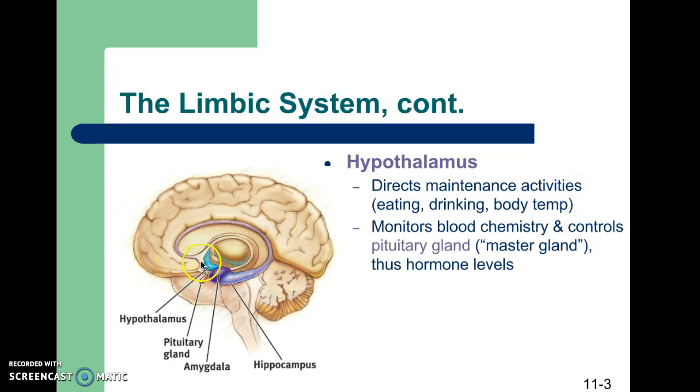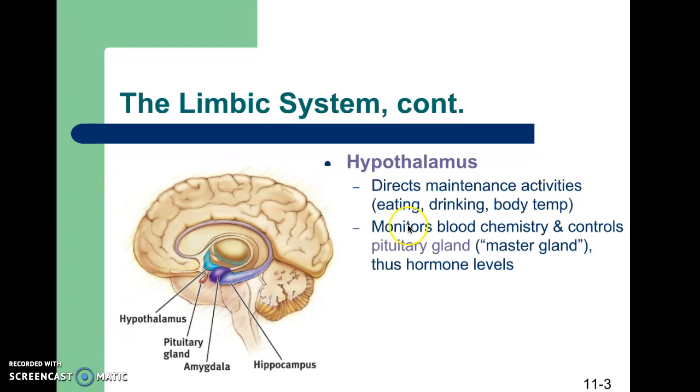The hypothalamus also has a role in directing the activity of the pituitary gland. It's not by accident, perhaps, that these things are placed directly next to each other in the brain, because the hypothalamus seems to have a role in monitoring our blood chemistry, so knowing the levels of hormones and other substances in the blood, and it then directs the activities of the pituitary gland to call for the release of more hormones from the endocrine system if needed.